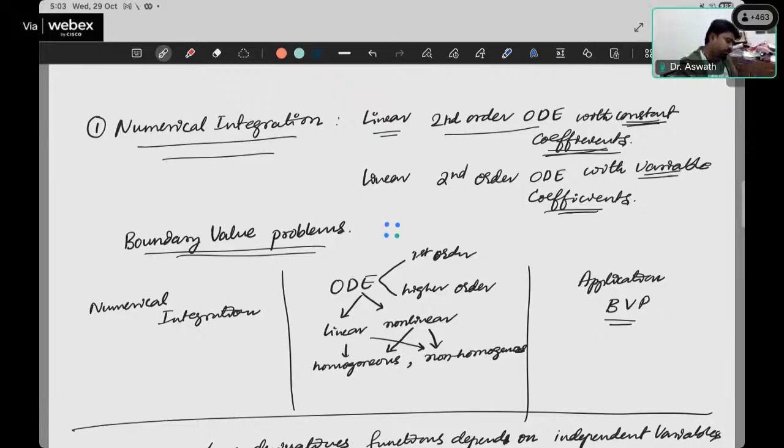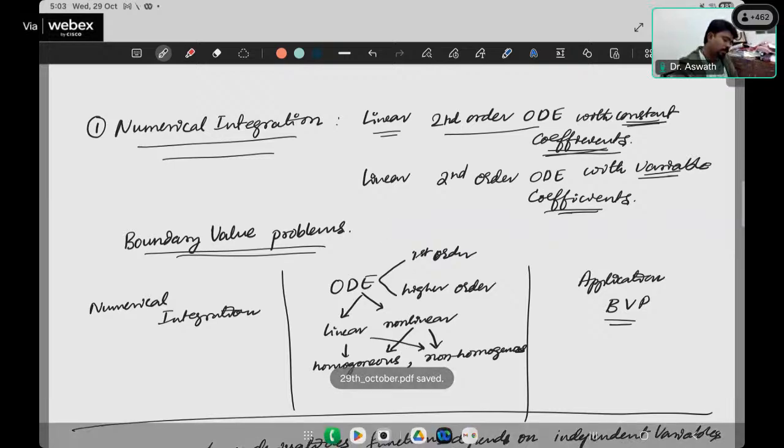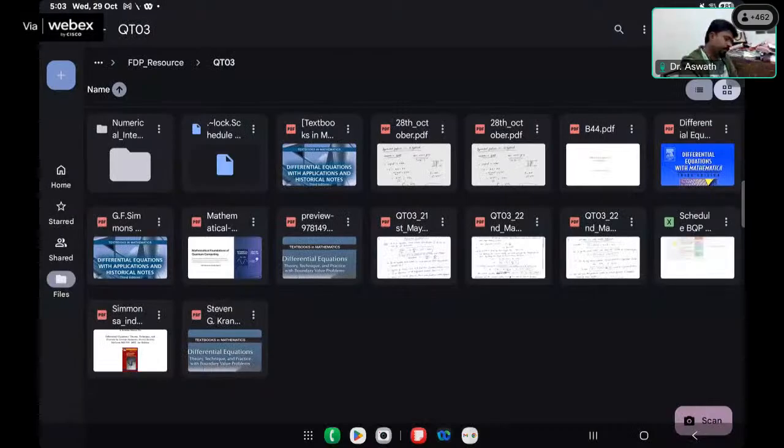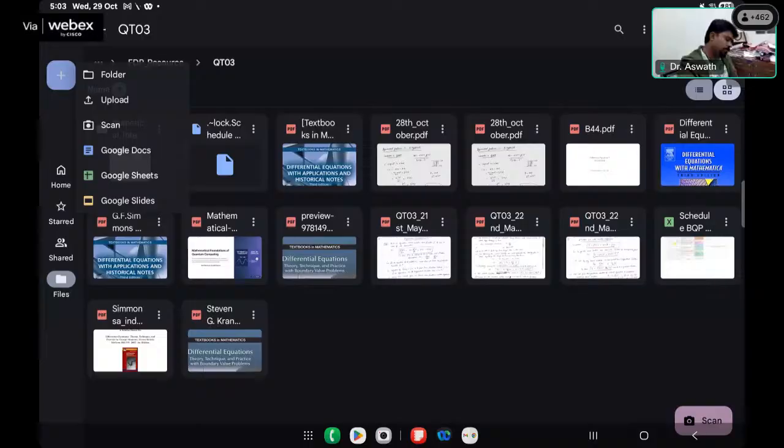In the canvas I have shared. If you pick any differential equations reference, you would easily understand whatever things I have discussed at length. Okay, so upload file.